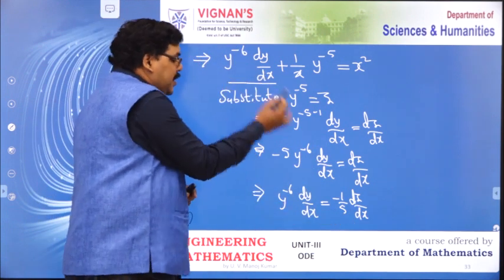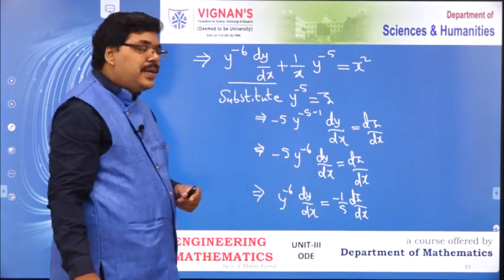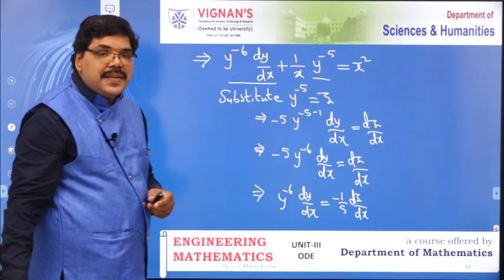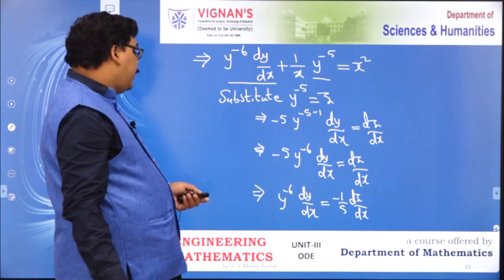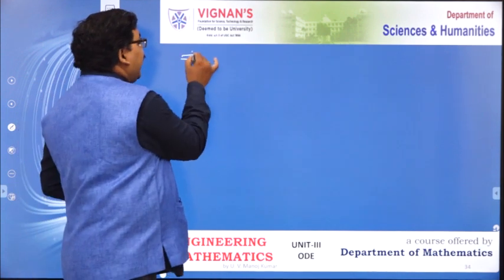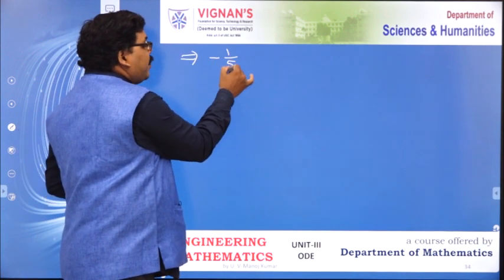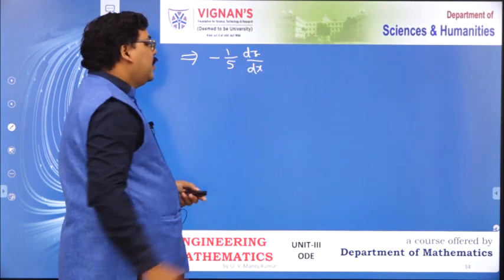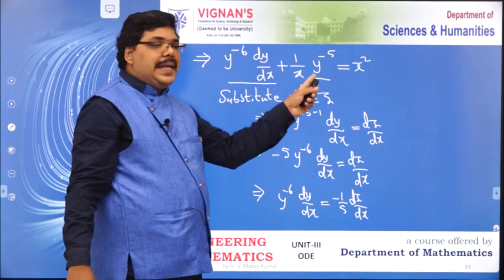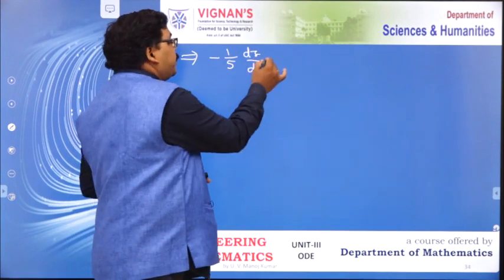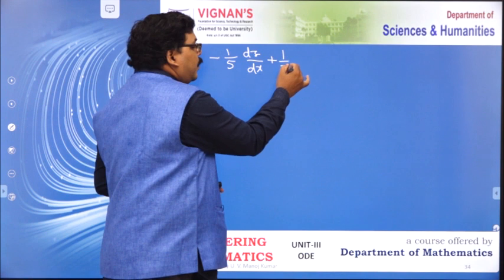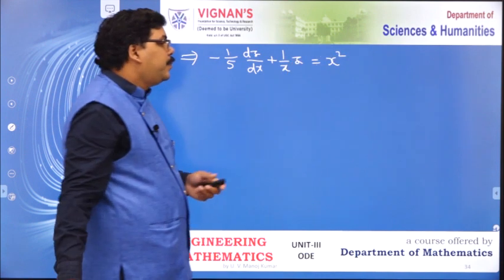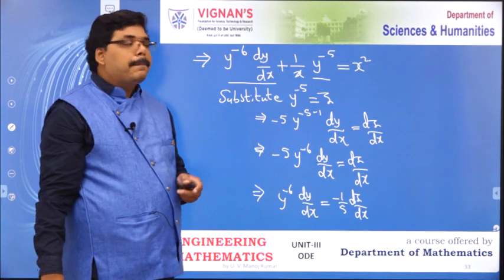So the first term is replaced with minus 1 by 5 dz by dx, and y power minus 5 is replaced with z. Then I will get minus 1 by 5 into dz by dx plus 1 by x into z equals x square.